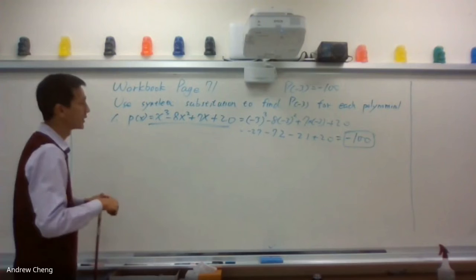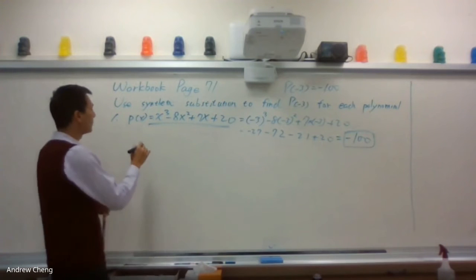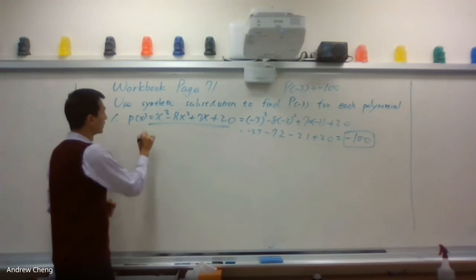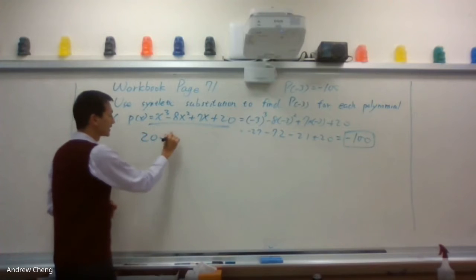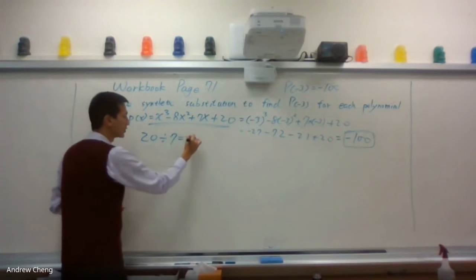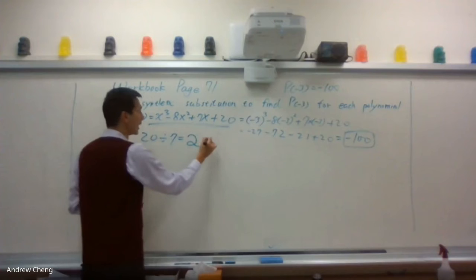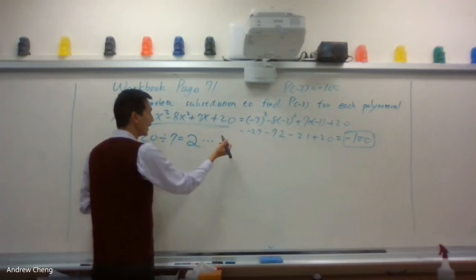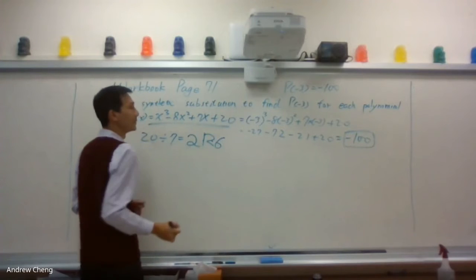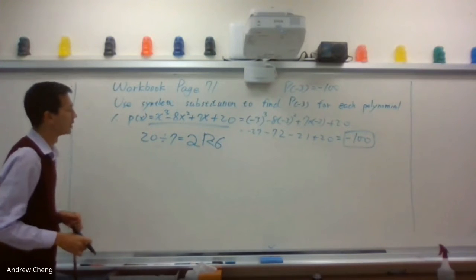When I do division, for example, 20 divided by 7, I would say equals 2, and the remainder is 6. Okay.